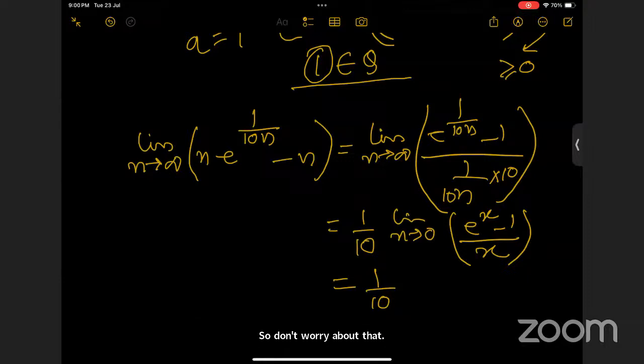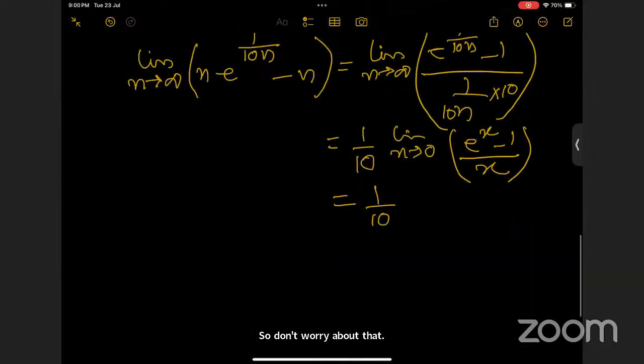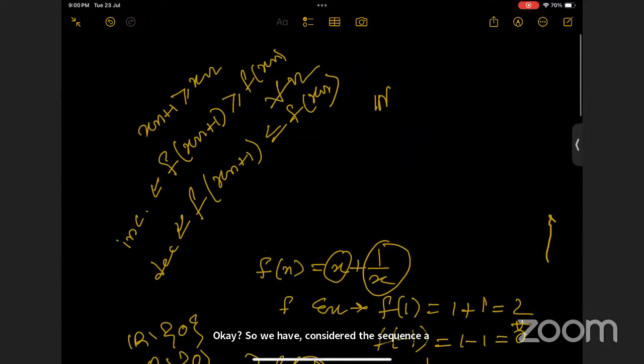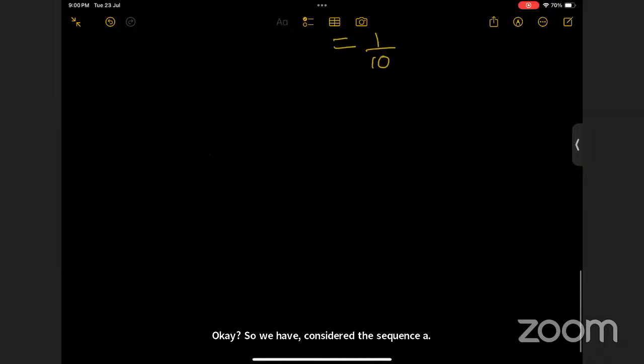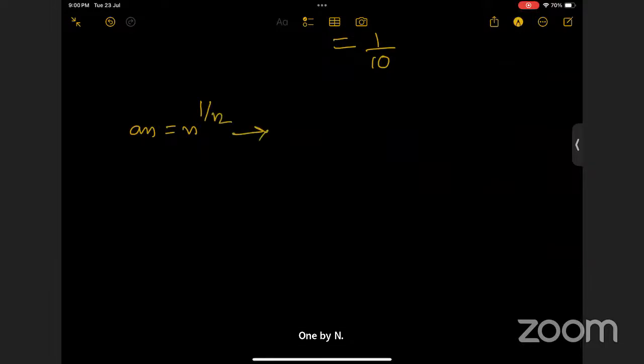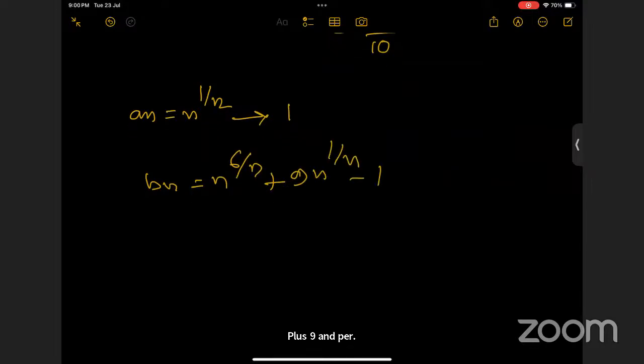Okay, so we consider the sequence an, n equals 1 by n, which is known to converge to 1. So what will be the limit of the sequence bn equals n power 6 by n plus 9 n power 1 by n minus 1? We have limit n tends to infinity of n power 1 by n equals 1.